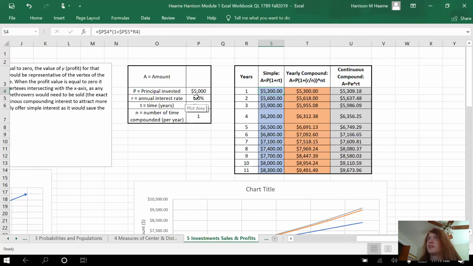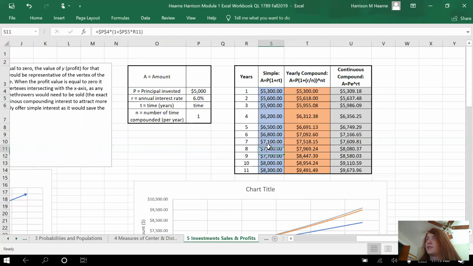We also locked that in because that's not changing, times the amount of time that it's been, which is this cell right here. And the really handy thing about Excel is if you set up your formulas like that, then it'll automatically do all the work for you if you just drag it down.